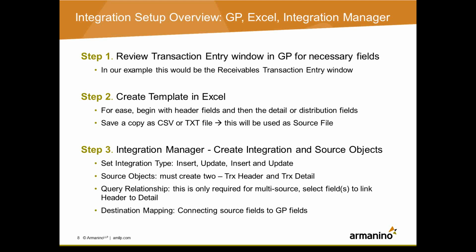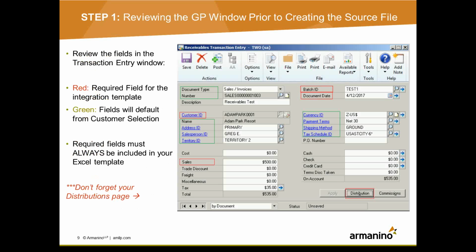It only pops up when you have more than one source for the integration. It will pop up and it will say this is required. You just simply click OK and then open up the relationship to link the header source to the detail source. And then of course you're going to do your destination mapping.